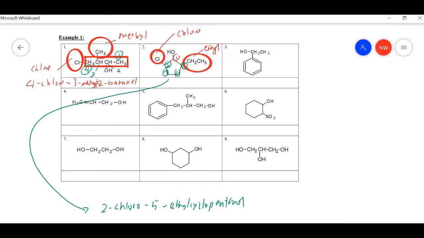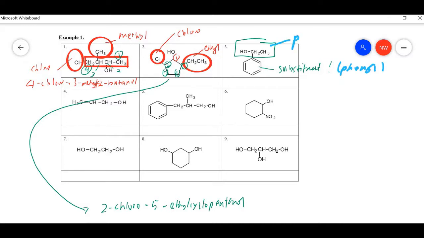So next, untuk next example, as you can see here, kita punya benzene ring attach kepada kita punya alkohol. Macam yang pernah diajar sebelum ni, bila benzene ring attach kepada important functional group, benzene ring akan jadi substituent yang dinamakan sebagai fenil.